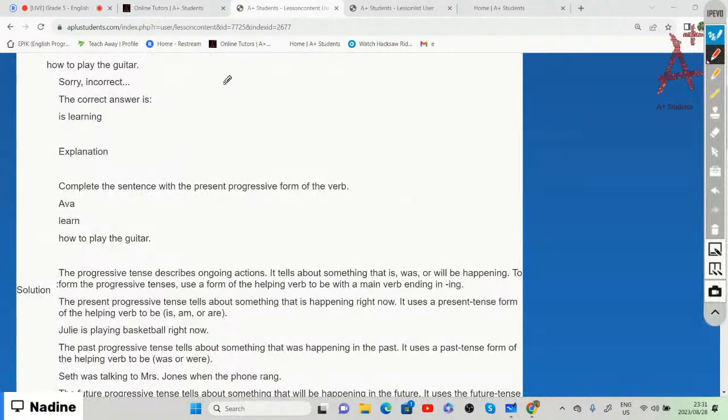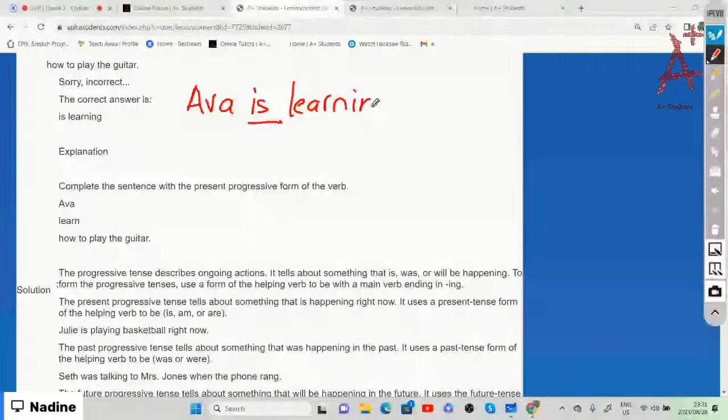So we say Ava is. Even the verb changes by adding -ing: learning to play the guitar, right? It shows ongoing action happening in the present. It is happening now.